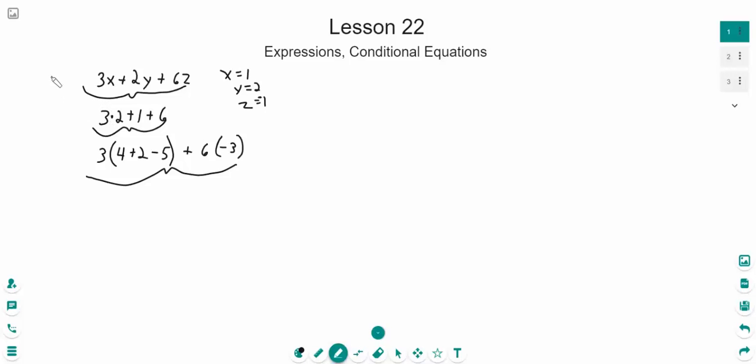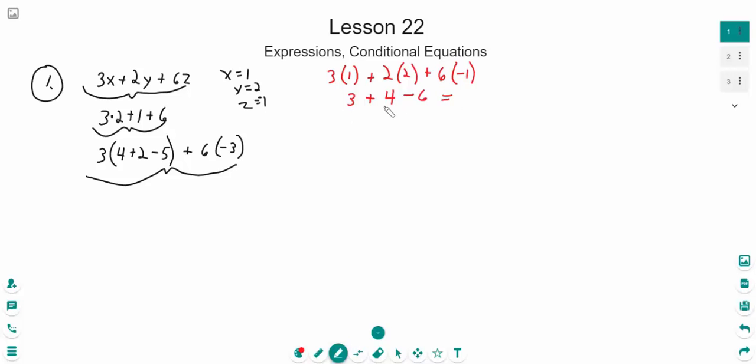So if we take expression number 1 and plug in our values, let's just do that real quick. We would have 3 times the 1, because that's what x is, plus a 2 times a y, which is a 2 as well, plus a 6 times a z, which is a negative 1. We're plugging all that in. We get this new expression, and then we simplify that even further by multiplying things out, and then by combining these things.